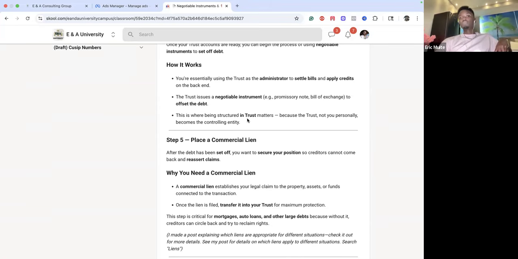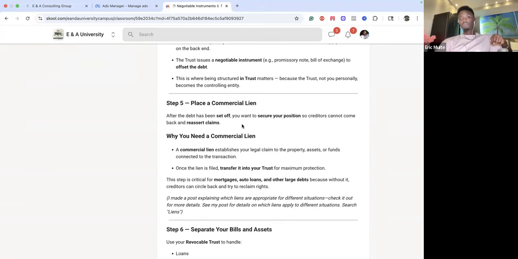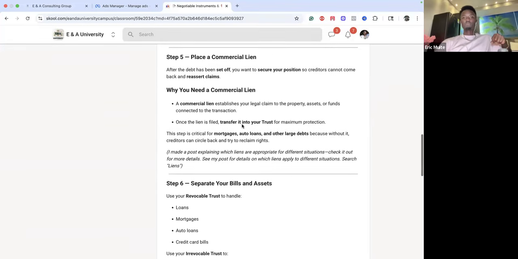This is where being structured in trust matters, because the trust, not you personally, becomes the controlling entity. That's how you create the separation. If you're simply endorsing it without having a trust in place, now you're personally taking ownership of that. You're not creating any separation.